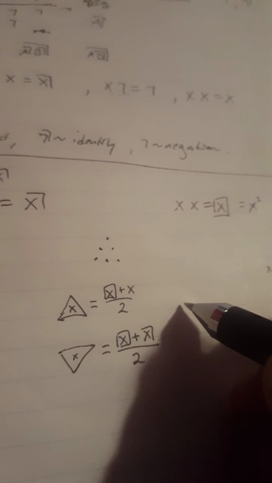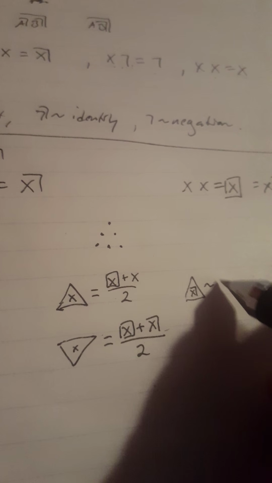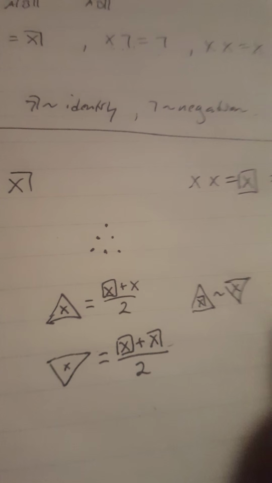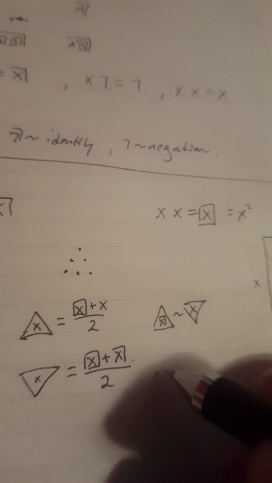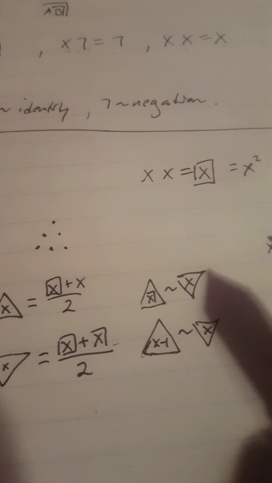In many cases, up triangle of negative x is something like down triangle of x, or you can offset these things by 1, so up triangle of x minus 1 is equivalent to down triangle of x. These rules may not hold under all circumstances, but in general there's this symmetry between the two.